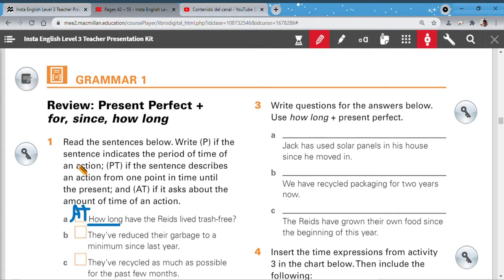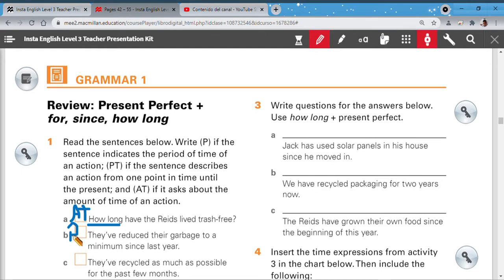The present perfect, sorry, letter B. "They've reduced their garbage to a minimum since last year." So they reduced is an action. If the sentence describes an action from a point in time until the present, so here is PT.